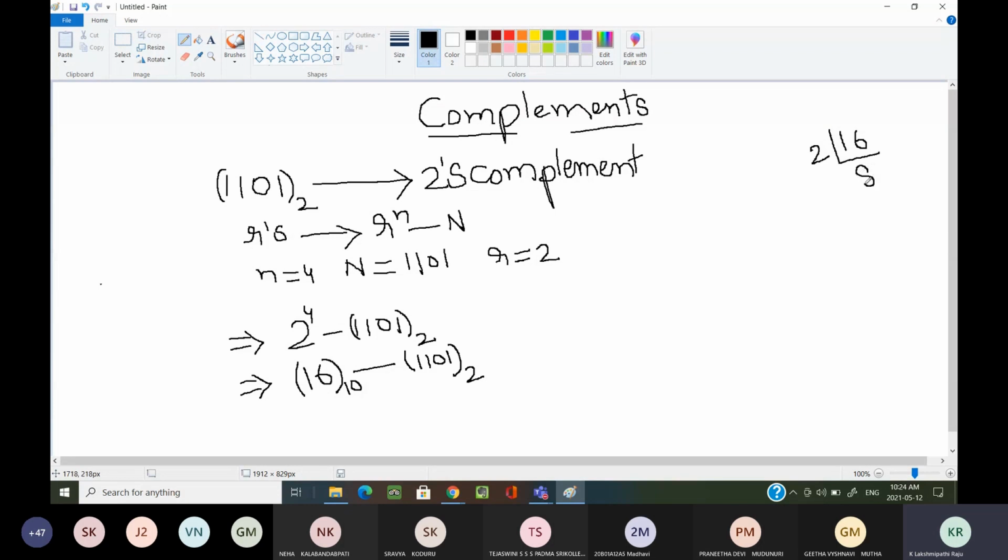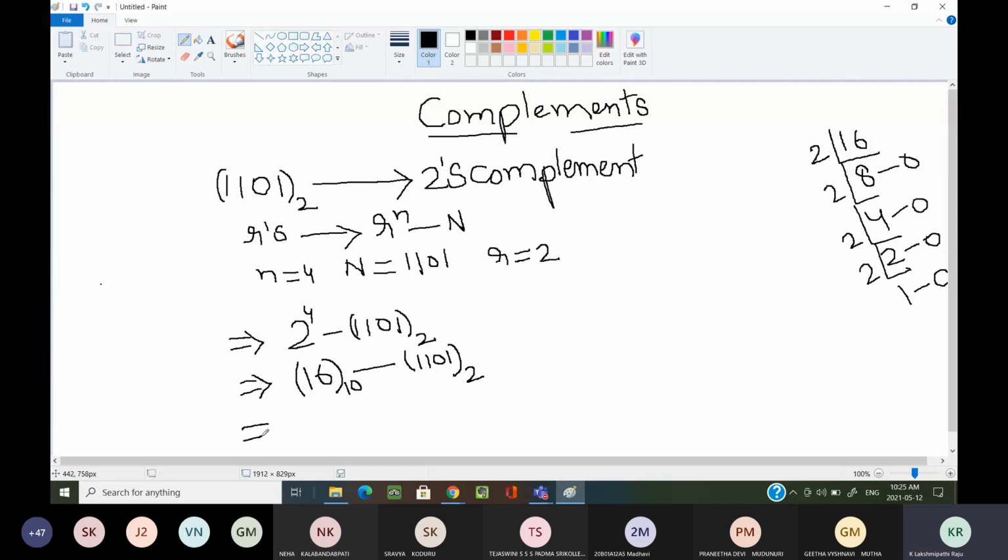That is what I am doing, with long division. 2 4 times 0, 2 1 time, so 10000.